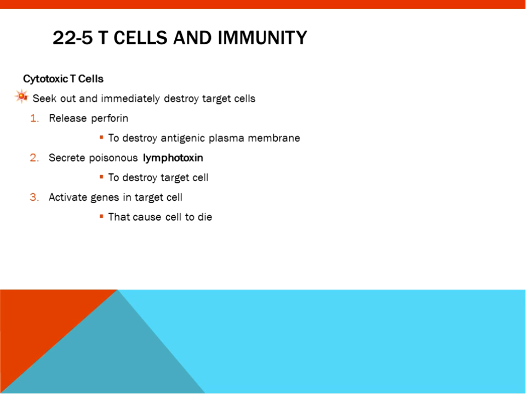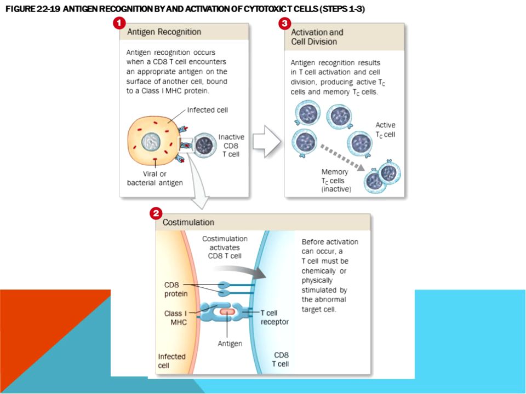They can poke holes in the plasma membrane of the cell, either the bacterial infected cell or the virus infected cell, or they can secrete poisons that will destroy the target cell from the outside in, or they can program that cell for apoptosis, so they can activate genes in the target cell to undergo programmed cell death. So there are 3 different ways these cytotoxic T cells can destroy their targeted cell. Their targeted cell is a cell that has an antigen on its class 1 MHC marker.